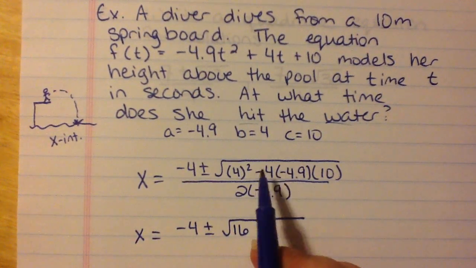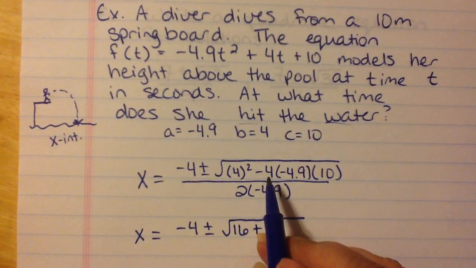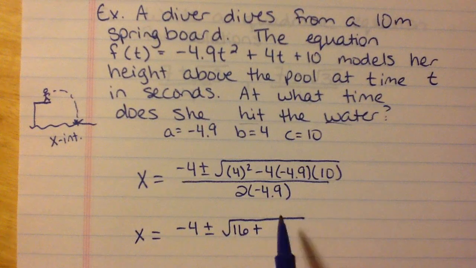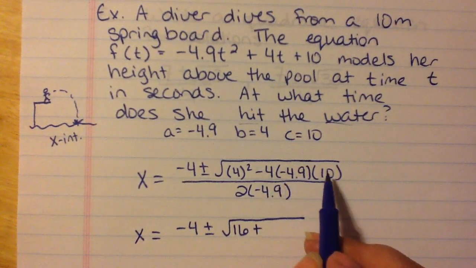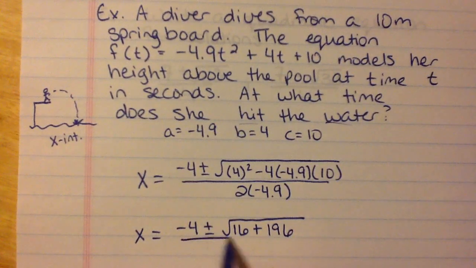And now I have two negatives. Remember, when we count our negatives, if we have an even number, we would be adding. So negative 4 times negative 4.9 times 10 is going to be 196. And 2 times negative 4.9 is going to be negative 9.8.